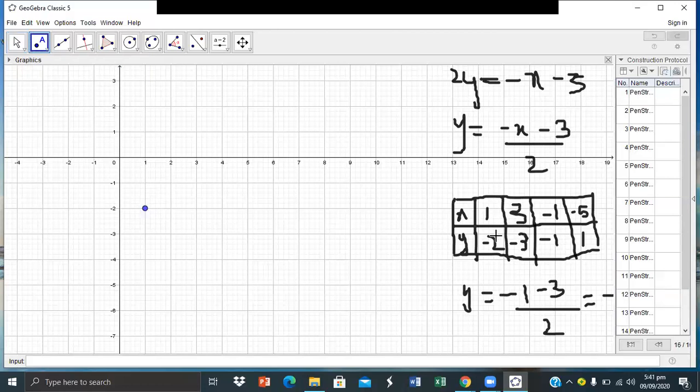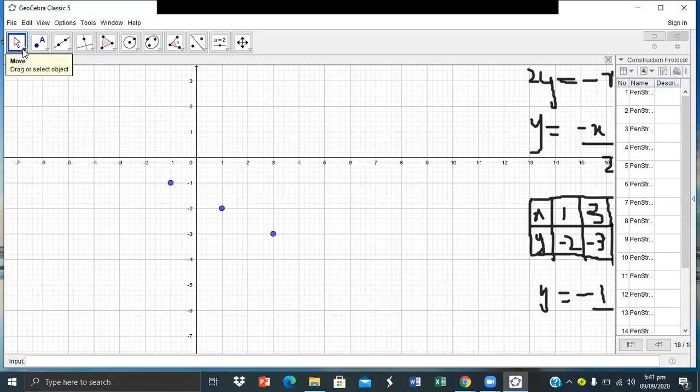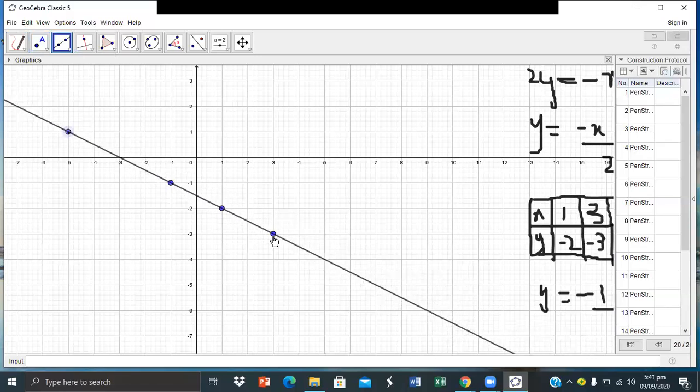Then x is 3, y is minus 3. Then x is minus 1 and y is minus 1, and then x is minus 5 and y is 1. Now you see that all the 4 points lie on a straight line. Now we join all the points. It means that we found the correct values and plotted them correctly. That's why I get all 4 points on a straight line.